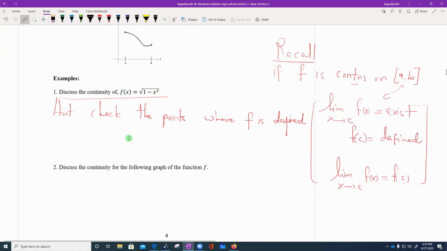What will happen if I plug in x as 2 into this function? Will you get any function value evaluating at 2? 1 minus 4. Yes, that means we have the square root of 1 minus 4. What is that? That is the square root of negative 3, right? Can I find the square root of a negative number?